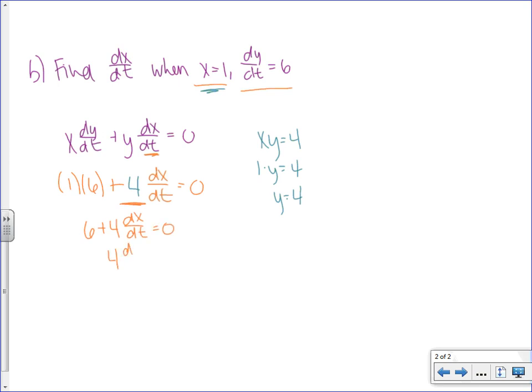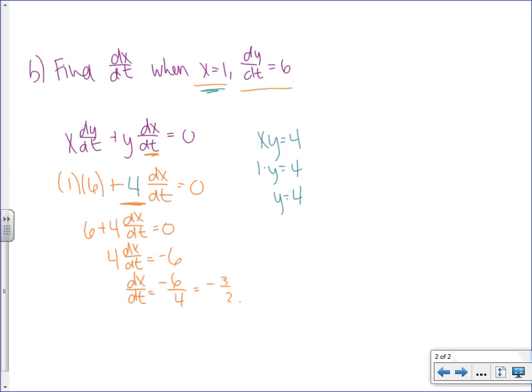Subtract the 6. 4 dx/dt is equal to negative 6. Divide both sides by 4. dx/dt is equal to negative 6 over 4, which simplifies to negative 3/2.